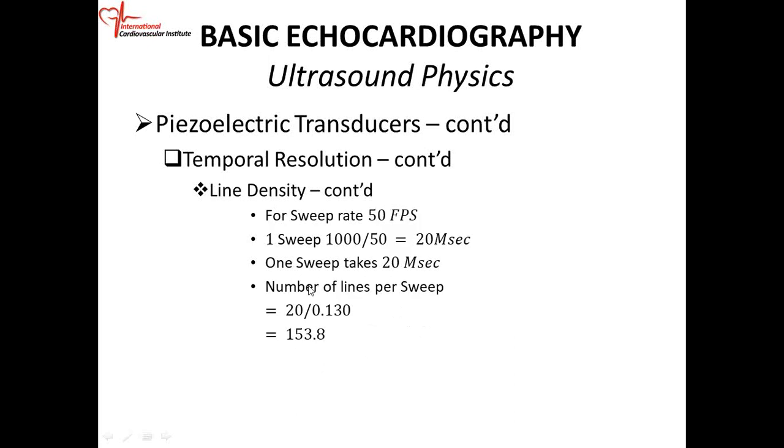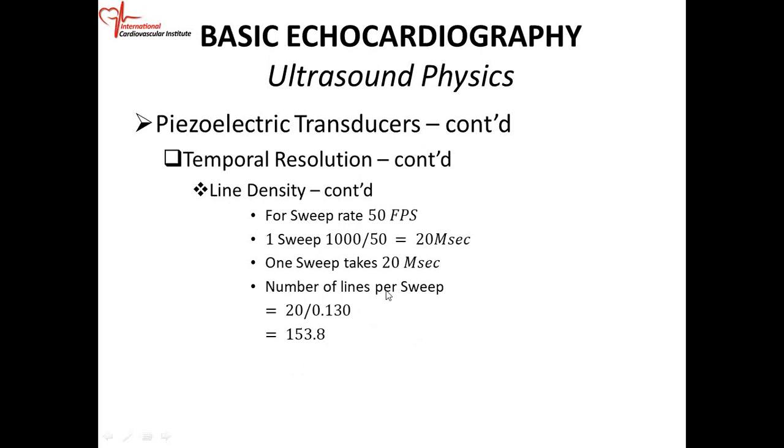That's the time. Say you're scanning at 50 frames per second, but at a smaller depth. Then one frame is going to be 1,000 divided by 50, which is 20 milliseconds. So this is one sweep or one frame. It's going to take 20 milliseconds.